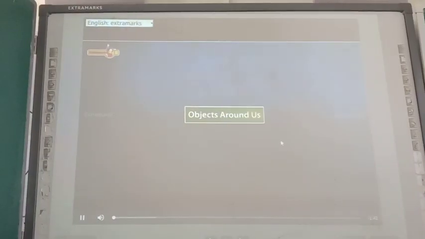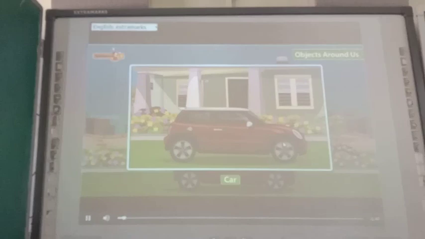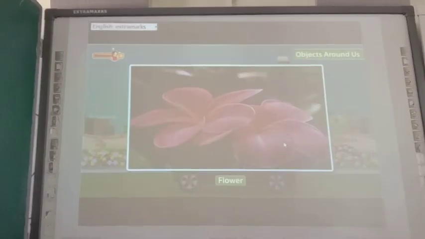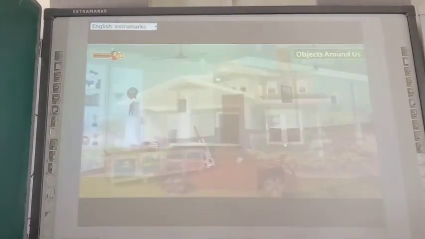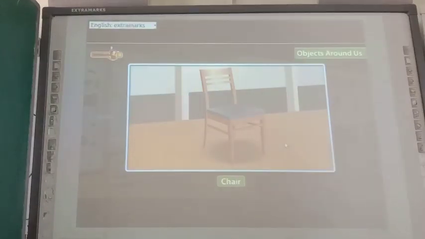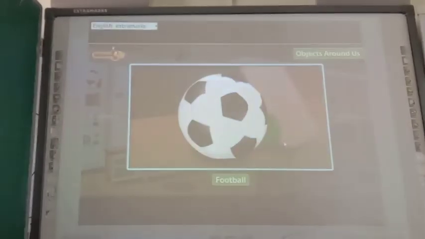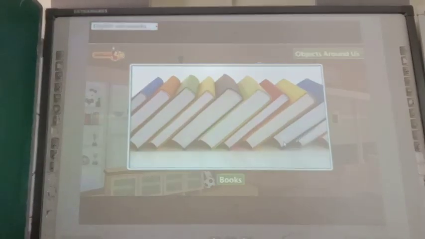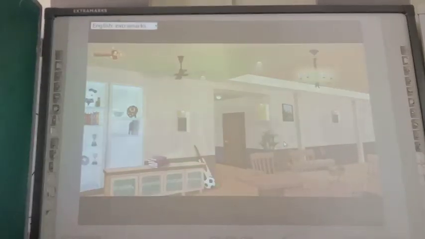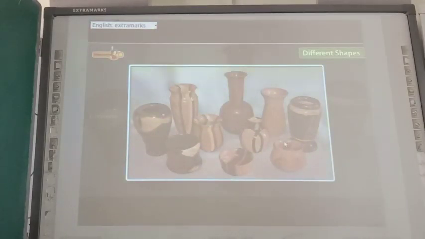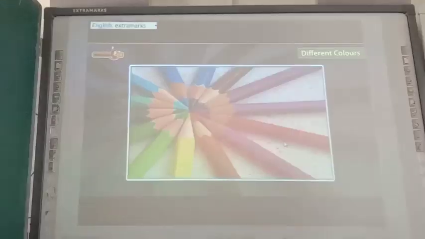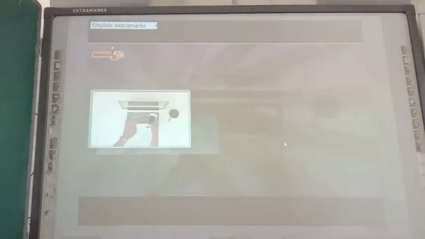कितना? We see many objects around us in our everyday life. Objects around us have different shapes, colors, and uses.